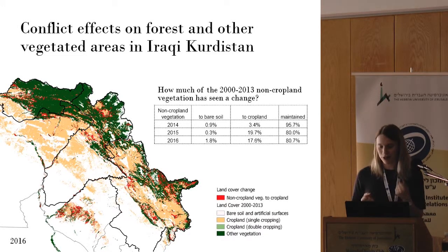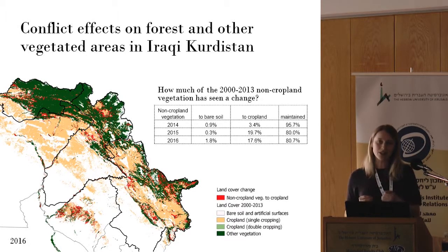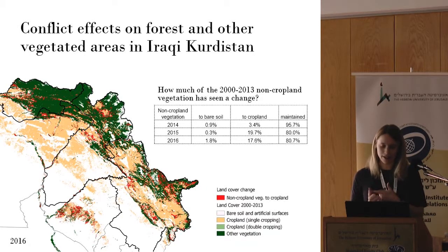And I asked the question of how much of the 2000 till 2013 non-cropland vegetation, which includes tree lands, trees, forested areas, but also pastures and both trees and plants and different things, but also orchards, so it's not completely non-agricultural. It has both anthropogenic and more natural areas in it. But I wanted to see if there has been a change that corresponds to these media reports.